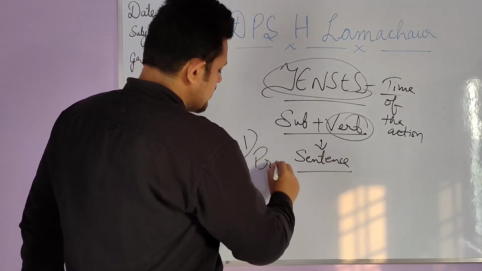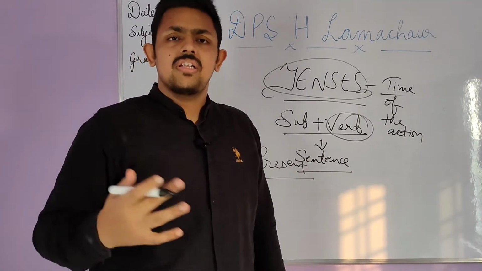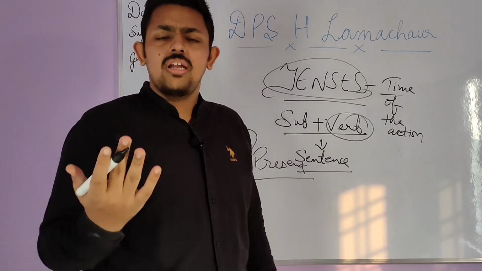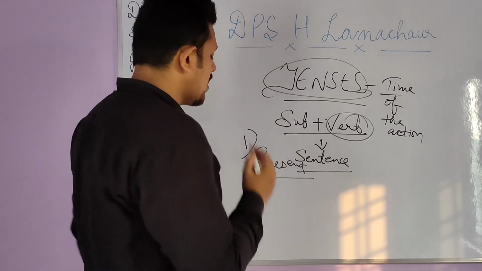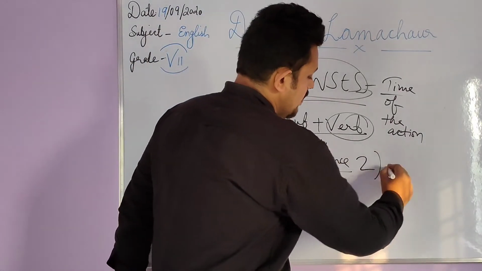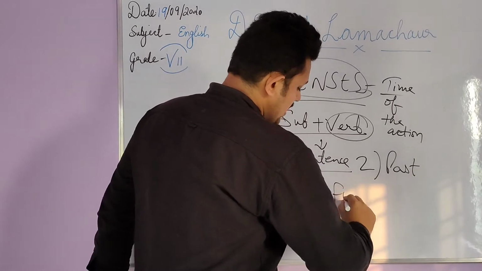I am just giving you a brief description. We will study the tenses in detail, but what are the 3 tenses? The 3 tenses are firstly the present tense, second the past tense, and third the future tense.